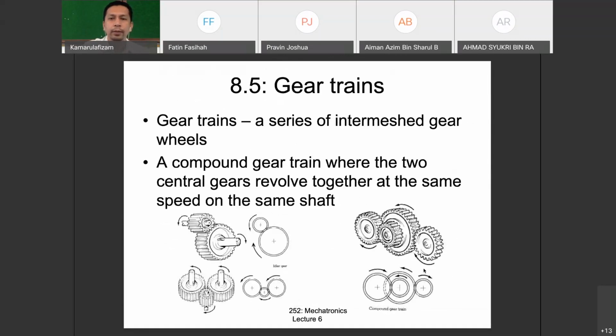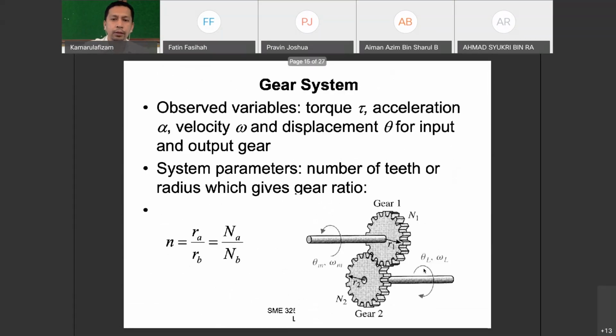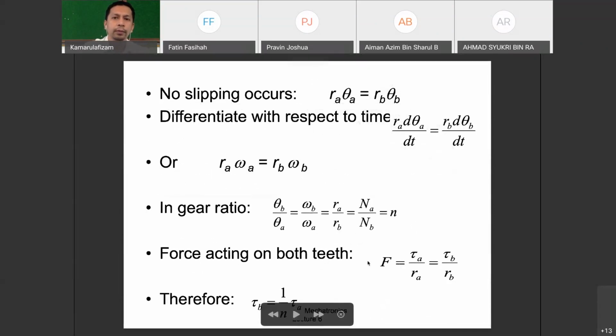Alright, so that's the very basic element of gear, how to get the gear ratio, for example if this one turns so many turns, this one gets so many turns. Basically these are the formulas that govern the working principle of any gear system. One is driving, one is driven. Of course, assuming there is no slip, meaning both gears rotate at the contact point.